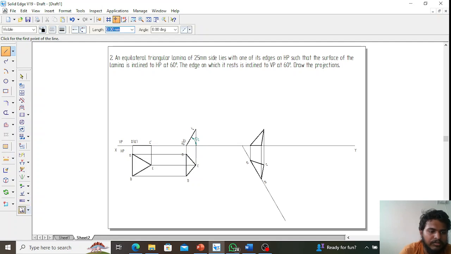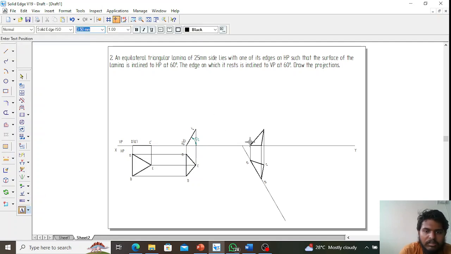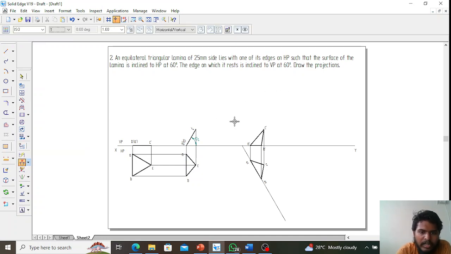So this one is A dash, this one is B dash, this one is C dash. Okay, and also the angle between these lines. So the angle is 60.